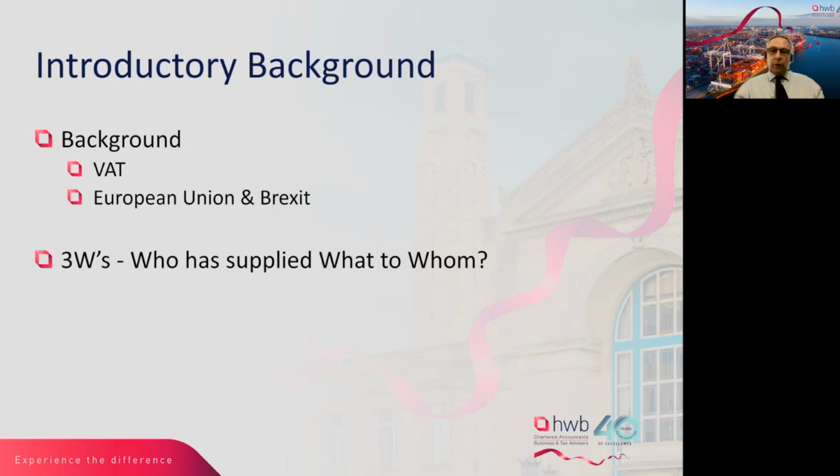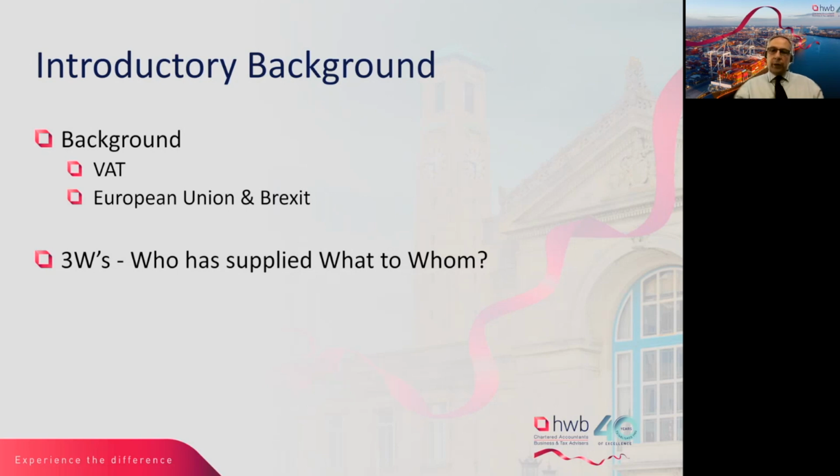Brexit and the UK's status as a third country has made international VAT more complex for UK businesses. We also have some new rules to do with digital marketplaces and e-commerce that again introduce more obligations. The cost of getting it wrong can be substantial.